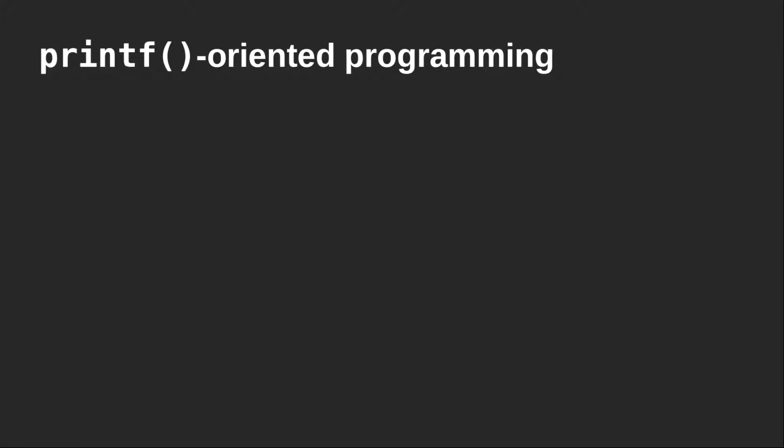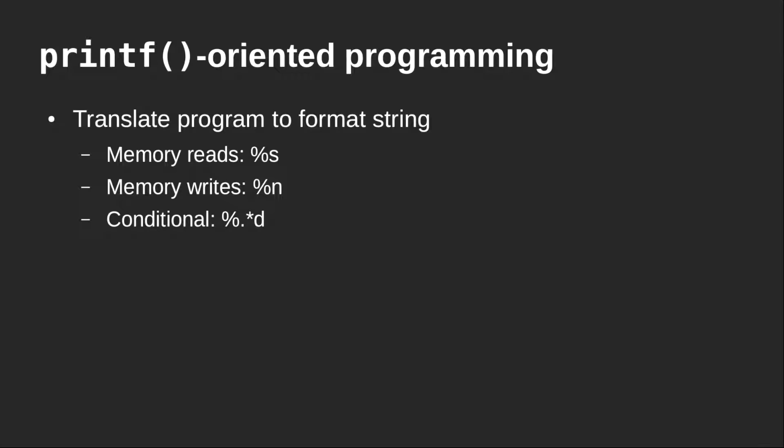I would like to introduce you to printf-oriented programming, where we'll show that printf is fully Turing-complete, and we can translate any arbitrary program to a format string. We can do memory reads, we can do memory writes, and we can actually implement conditionals as well.